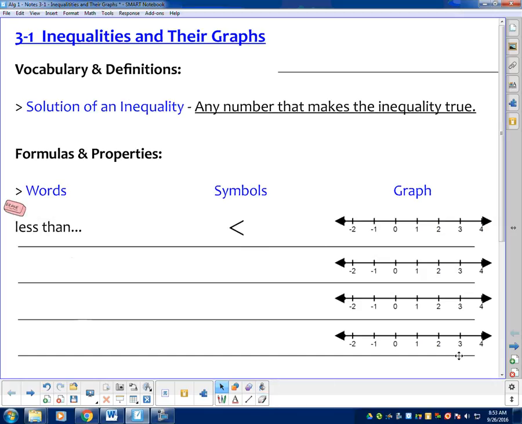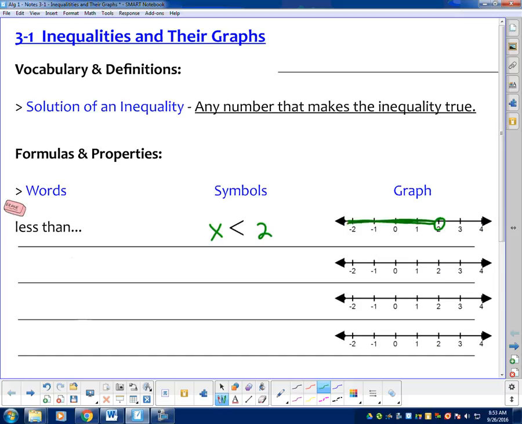Less than, we read from left to right, but this is the less than symbol. And if we were to graph a value x that is less than 2, we would place an open circle at 2 because 2 is not included in the solution to the inequality, and we would shade everything to the left of it.